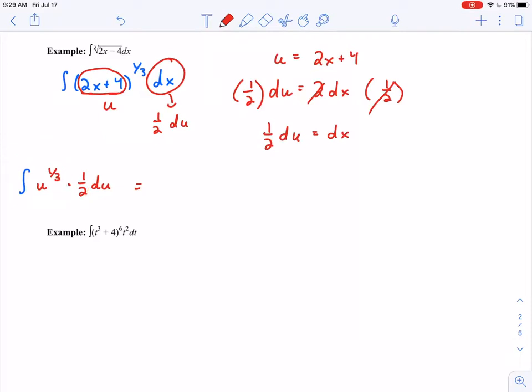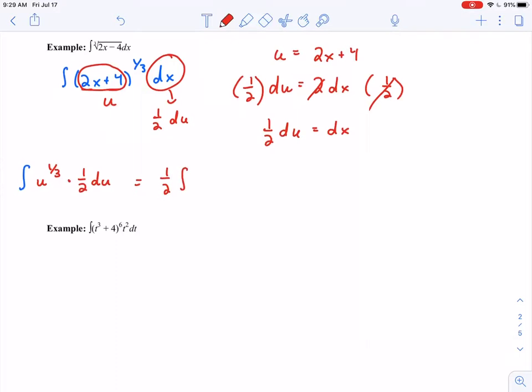So I'm going to rewrite this as 1/2 times the integral u to the 1/3 du. And now this is, I think, easier to manage. It just looks a little bit cleaner. We don't have to worry about that 1/2. I didn't just get rid of it, I just pulled it out to the front of my integral so that I wouldn't have to worry about it.